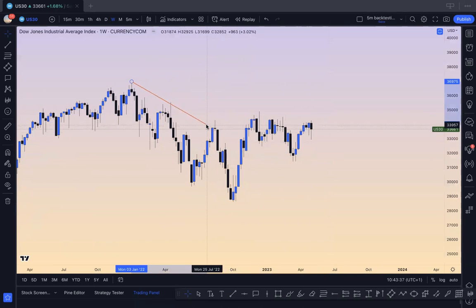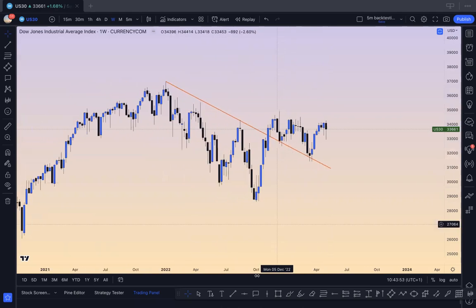So initially the trend line was like this, then we would have noticed this rejection, but then it printed a lower low, so now I can adjust the trend line like that. Right, so this was a break of structure.